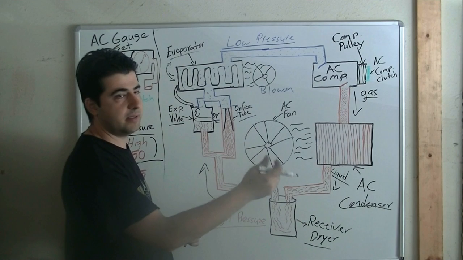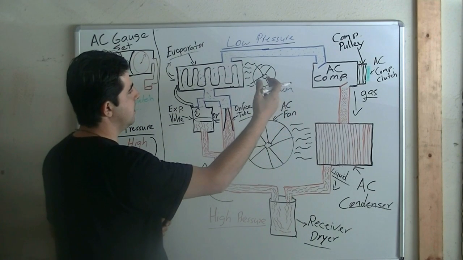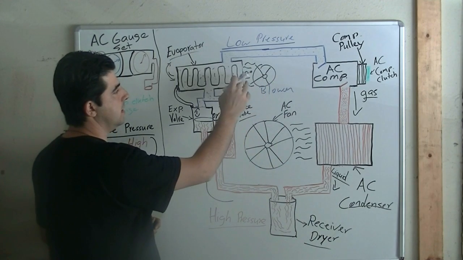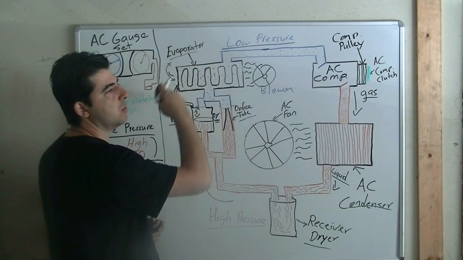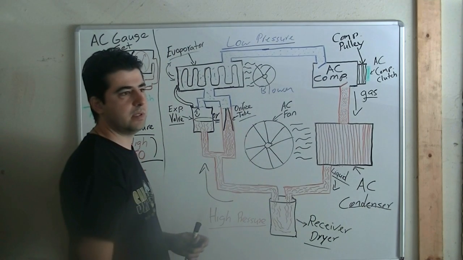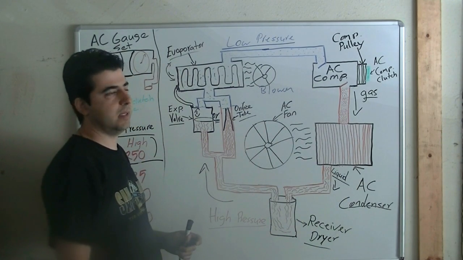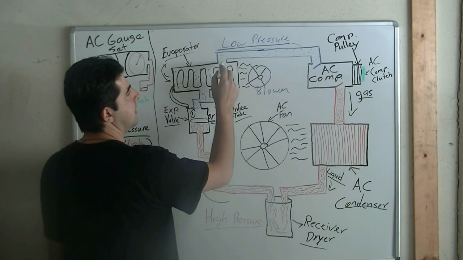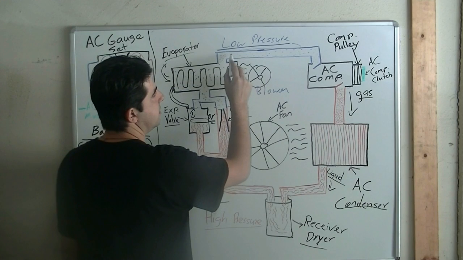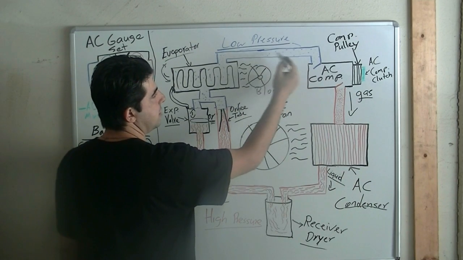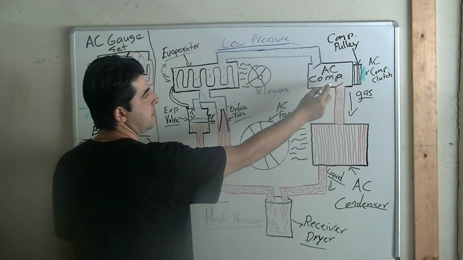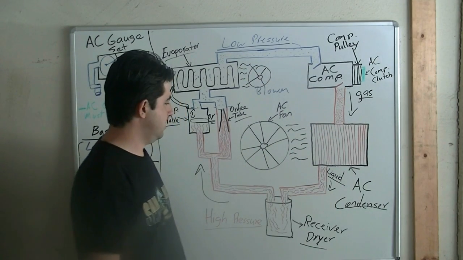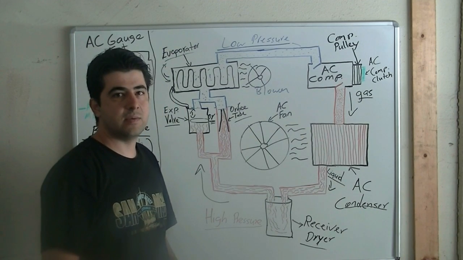Well, not all of it, but you know what I mean. It cools the air by absorbing its heat, and that's how you get cool air inside the passenger cabin. After your refrigerant passes through your evaporator, it goes through your low pressure line, usually just a direct shot to your AC compressor, and when it gets there, the whole cycle repeats itself, and that's pretty much how your AC system works.